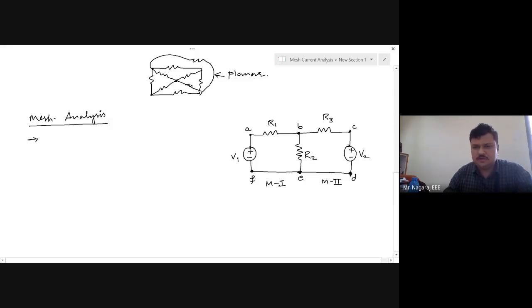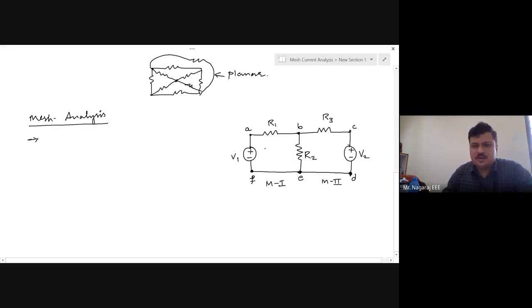Similarly, in the other mesh, it is with R3. So to know the voltage drop polarities of R1 and R2, I should know the current flowing through R1 and R2. But if I know the current flowing through R1 and R2, why should I analyze? I am analyzing the circuit to know the current. So to know the current, I am applying KVL, but to write KVL, I should know the current.